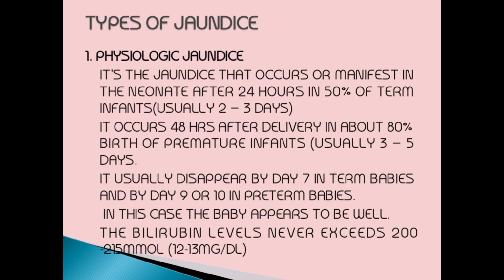The other thing that you can also talk about is that it usually disappears by day 7 in term babies. By day 7, physiological jaundice may disappear in a term baby, and by day 9 or 10 in a preterm baby. Those who are born prematurely may take some time for it to disappear.